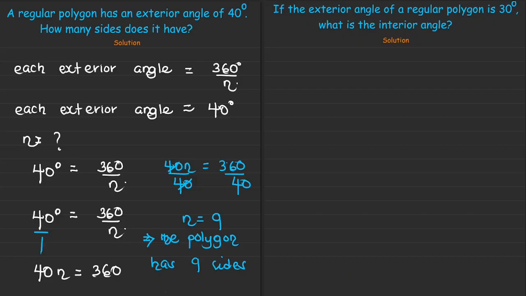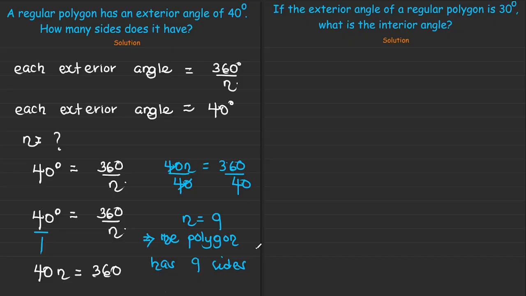So let's look at this one, and I think it is actually very simple. It says, if the exterior angle of a regular polygon is 30 degrees, what is the interior angle? Does this look familiar? Yes, it does.